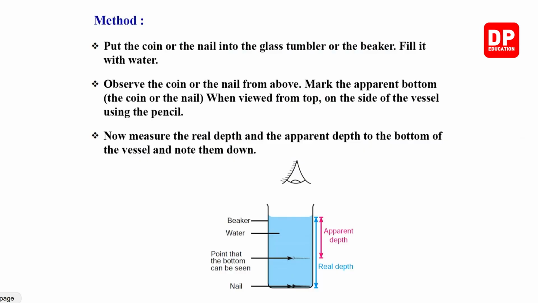The method: put the coin or the nail into the glass tumbler or the beaker, and fill it with water. Observe the coin or the nail from above. Mark the apparent bottom, the coin or the nail, when viewed from the top, on the side of the vessel using the pencil.